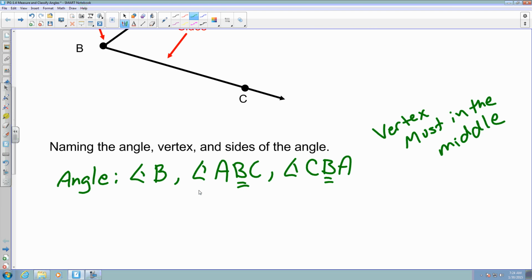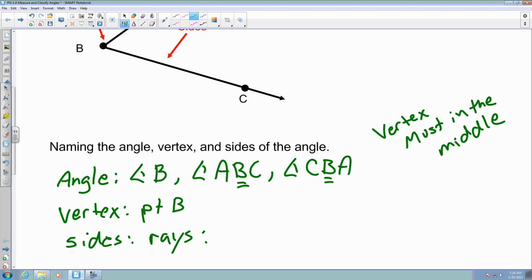Again, the vertex, that happens at point B. And then the naming of the sides, like I said, the sides are rays. In this particular instance, the rays in this angle are ray BA, which has to be written like this, and ray BC. So it starts with the endpoint, which happens to be the vertex, and then goes towards A and C.